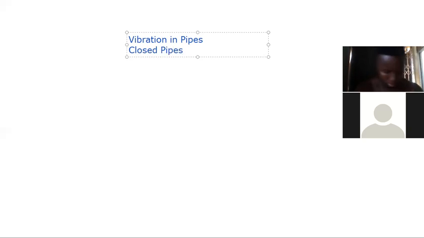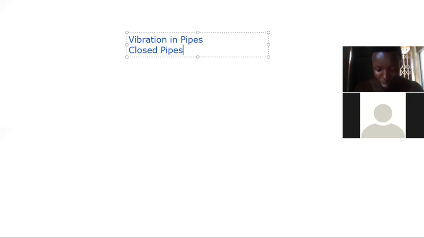Now a closed pipe is one which is closed at one end. When air is blown into the pipe from the open end, a stationary wave is set up. So the stationary wave has a node at the closed end and an antinode at the open end.